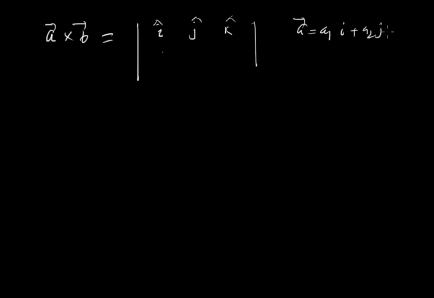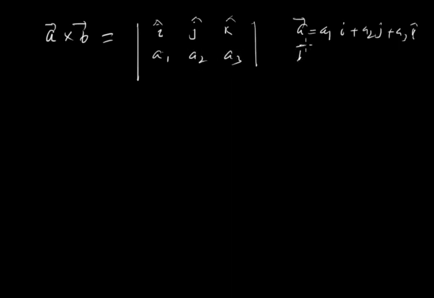Now we'll give a formula to calculate A cross B. It will be a determinant with the first row i, j, k. If we take the components of vector A as A1 i, A2 j, A3 k, these components will be put in the second row of the determinant.